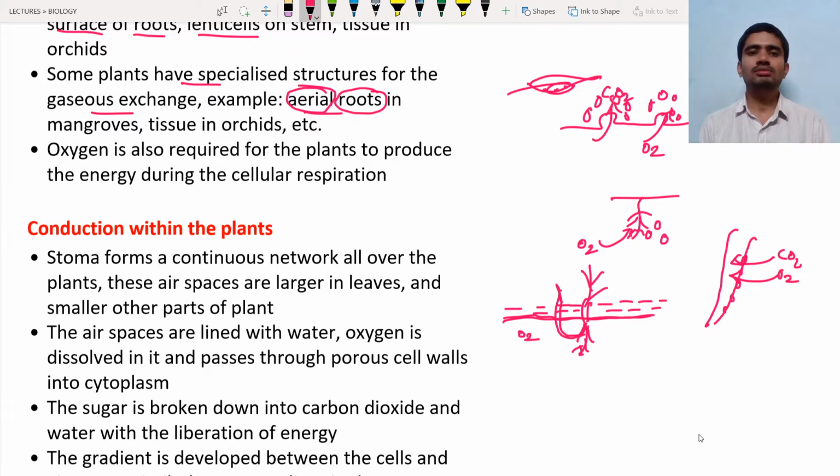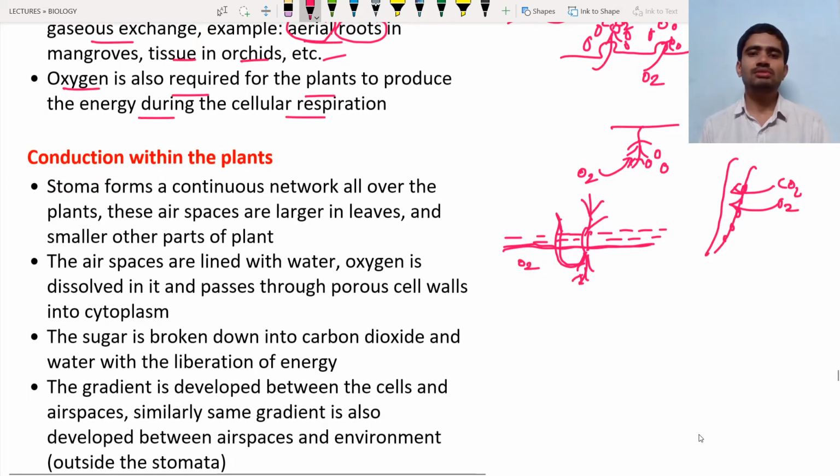Not only that, the tissues in orchids have such specialized structures. They help in the exchanging of the gases. Next, oxygen is also required for the plant to produce energy during cellular respiration. Just now we have discussed, in the absence of sunlight, in the absence of photosynthesis, there is no production of energy.